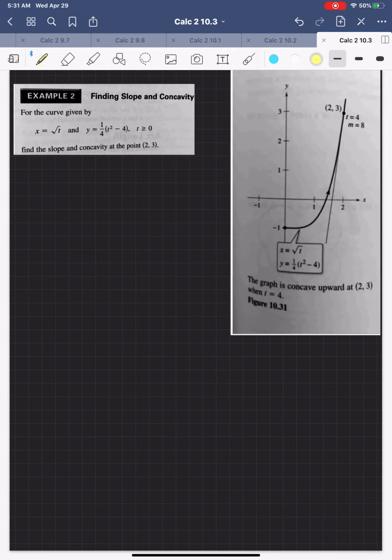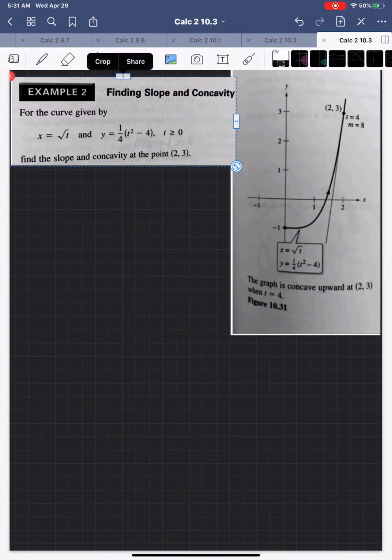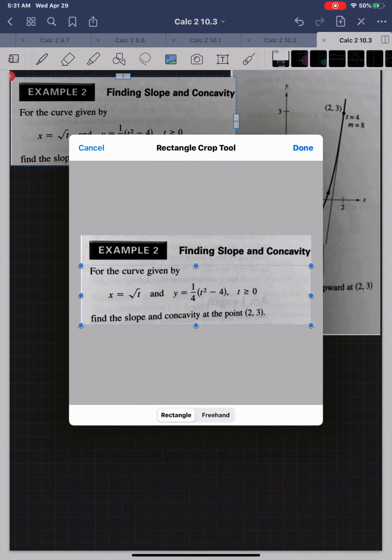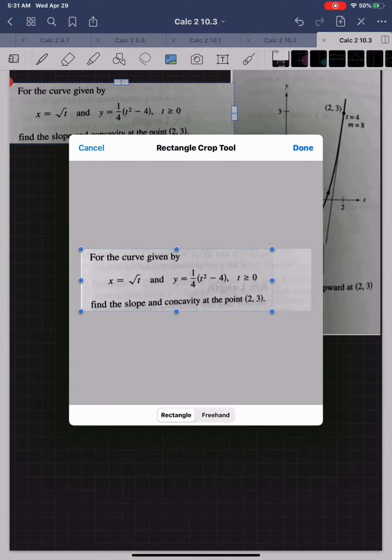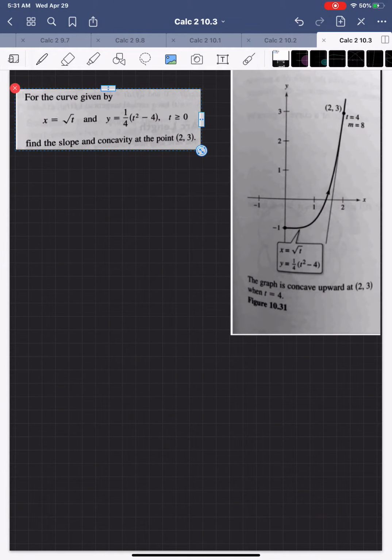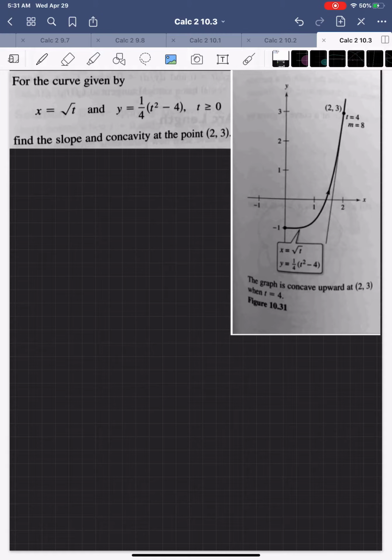Let's try another one. This one is more of the same, but they do ask us a little bit more information. Let's make sure we understand what is asked of us. Let me crop out this part so I have a little more space to make that a little larger. Okay, so let's go.